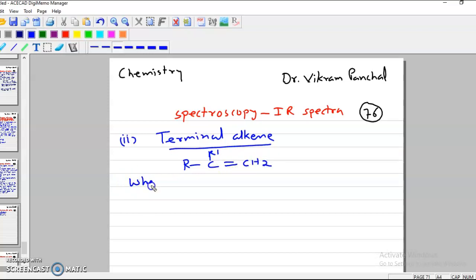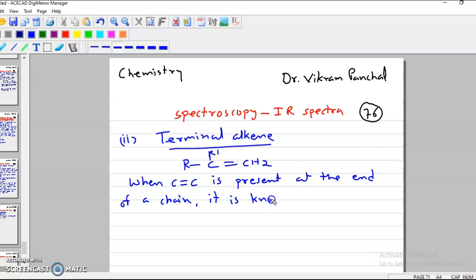When C double bond C is present at the end of a chain, it is known as terminal alkene.